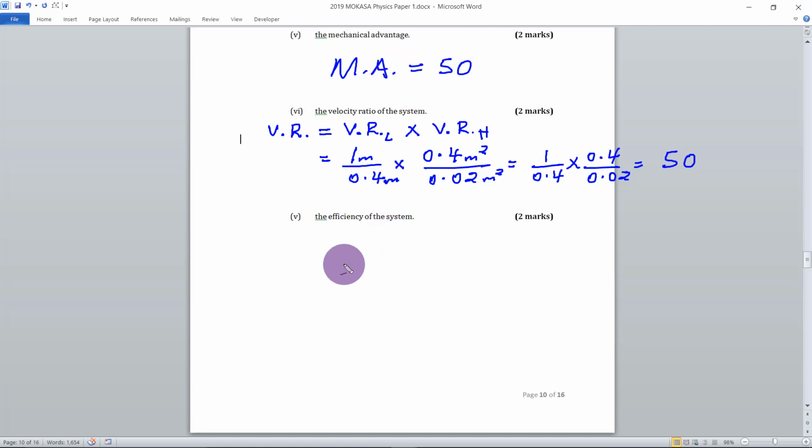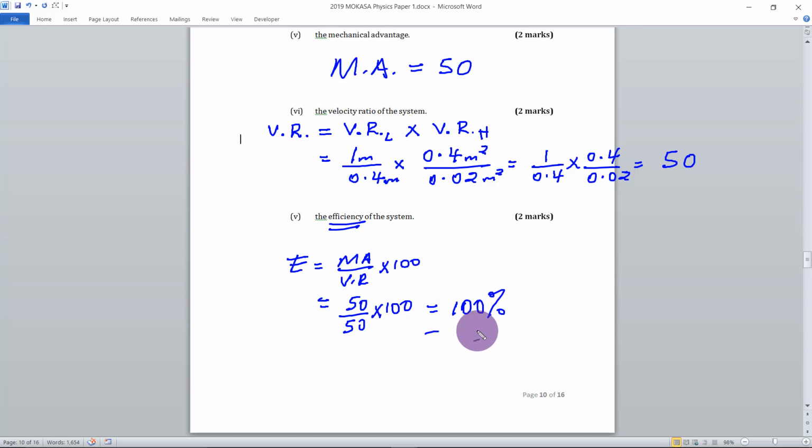Now this is important because when it comes to working out the efficiency of the system, efficiency is given by mechanical advantage divided by velocity ratio times 100. And you can see that since mechanical advantage is 50, velocity ratio is 50, we multiply by 100 and we find that this machine is 100% efficient. And that is how we would work out that question.